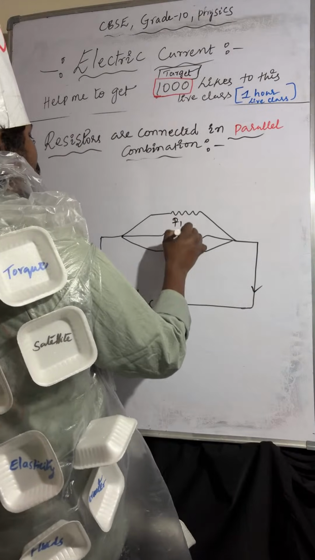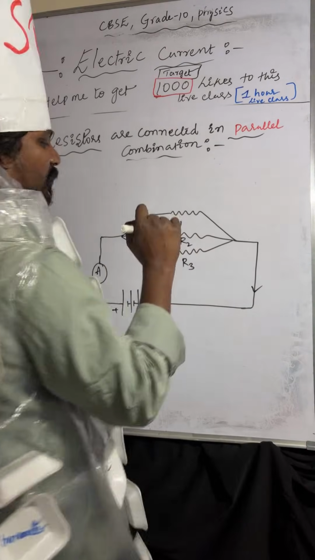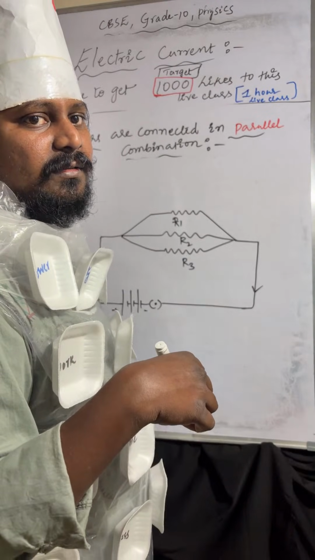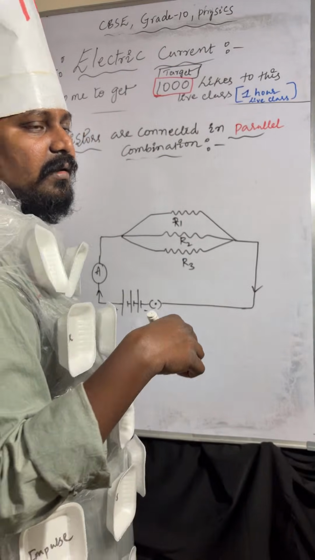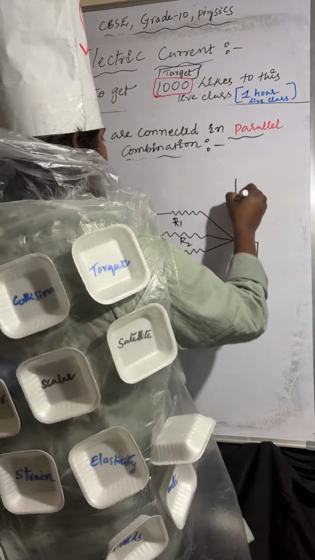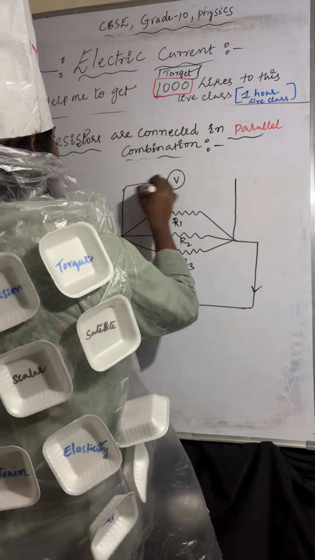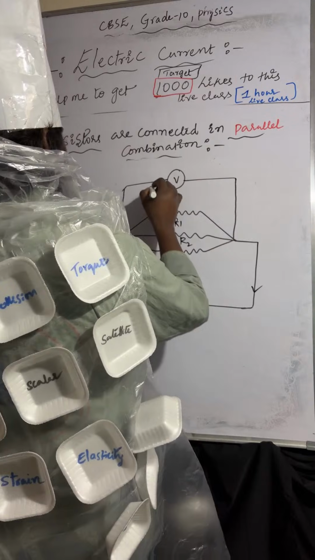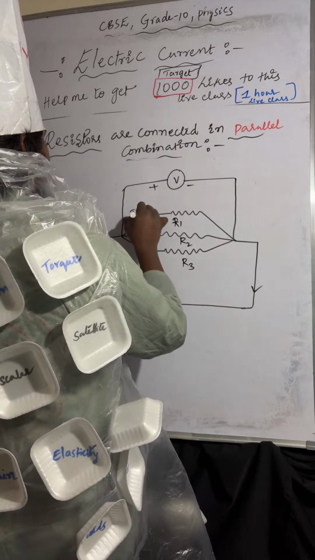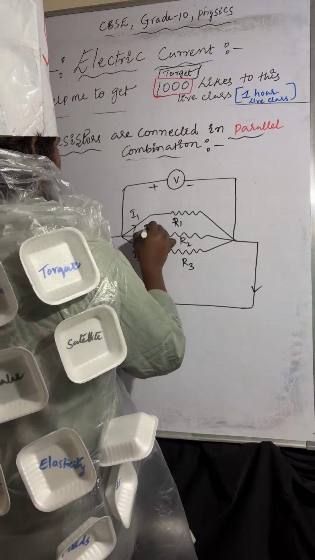Here you can see R1, R2, R3. Three resistors are connected in parallel combination. Here the potential difference is V, and the currents are I1, I2 and I3.